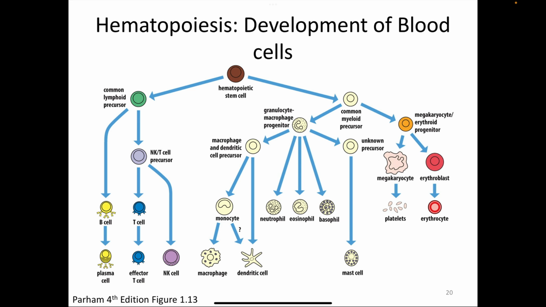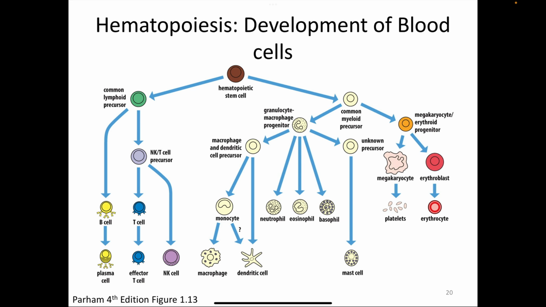And so to think about B cell development, we have to start with thinking about hematopoiesis in general. If you remember, we started out hematopoiesis with the hematopoietic stem cell, or the HSC, from the bone marrow.